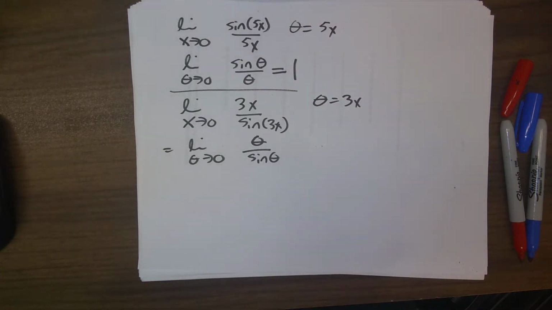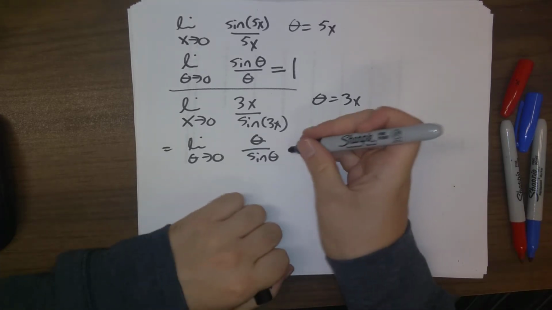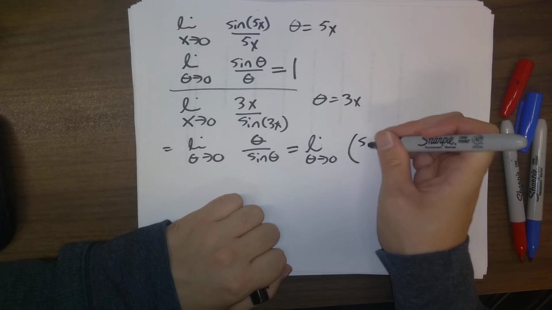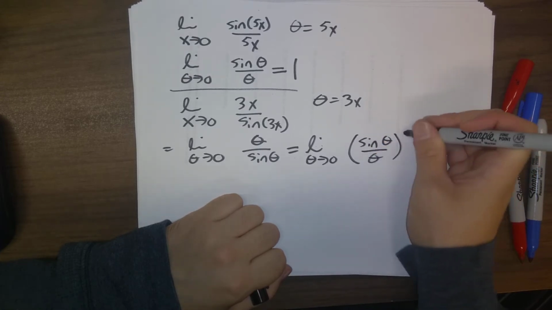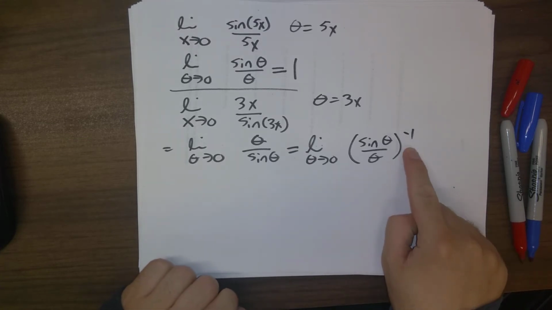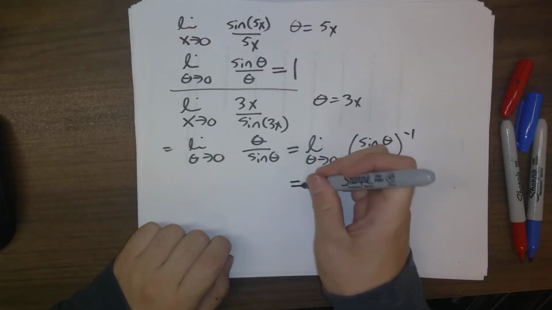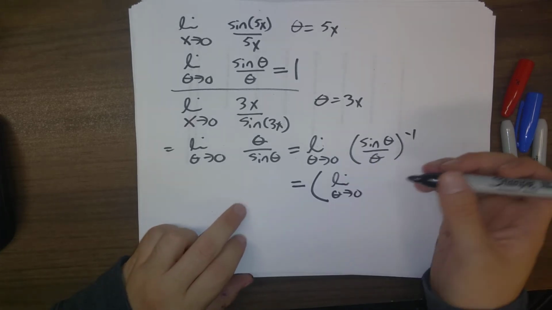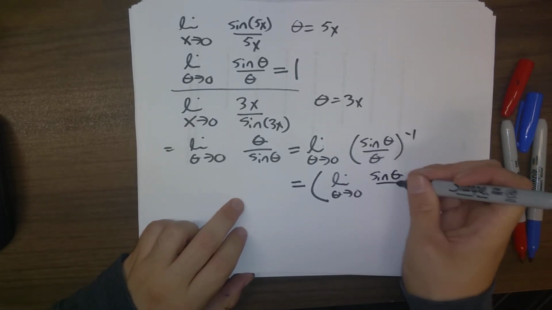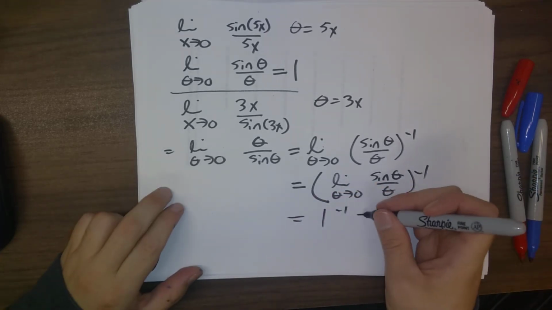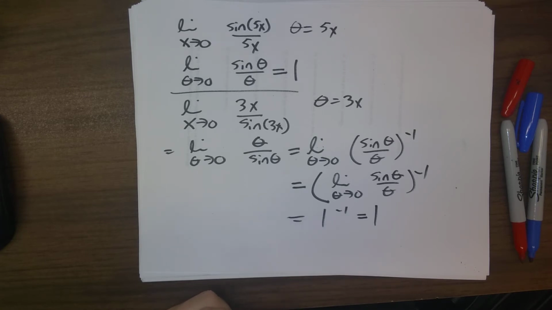Now you might say, oh, this is something different than before, but this is just the limit as theta goes to 0 of sine theta over theta to the minus 1 power. By our power law, if the limit exists and it's not 0, and that's the case here, this is just the whole limit raised to the minus 1 power. So it's 1 raised to the minus 1 power, which is just 1.